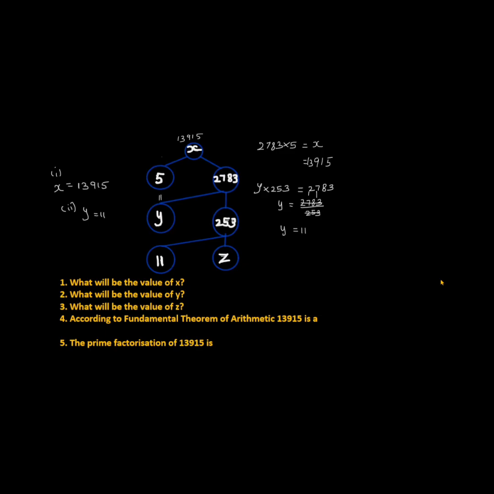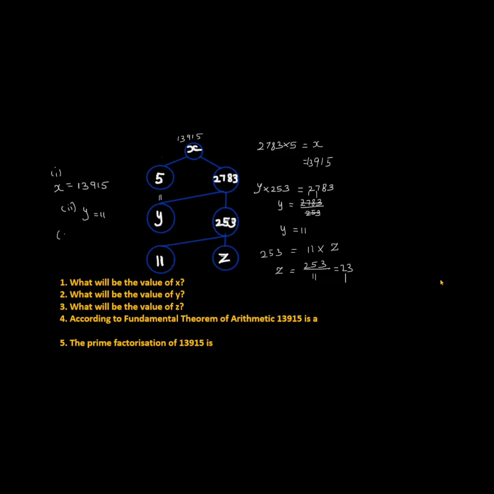Now 11 and 253 are the factors. 11 into 253 gives 2783. Now the factors of 253 are 11 and z. So our z is nothing but 253 divided by 11. 11 times 23 is 253.